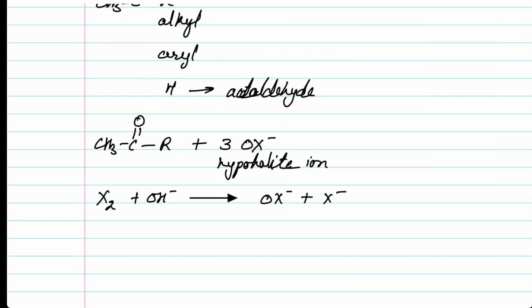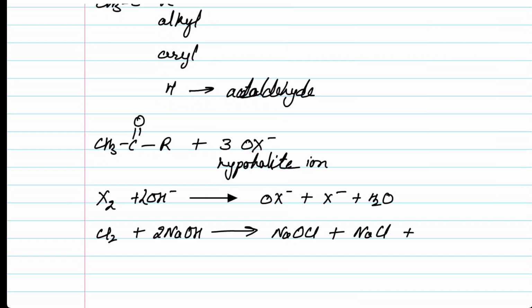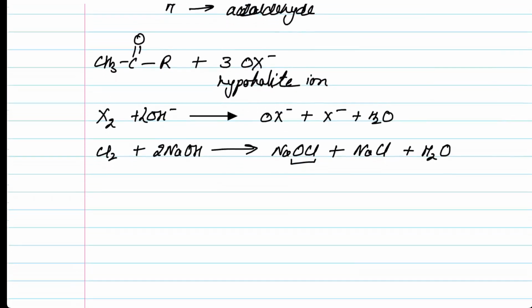For example, we could have Cl2 reacting with 2NaOH, which gives us NaOCl plus NaCl plus H2O. So this is what we have as a disproportionation reaction. This hypohalite ion is what takes part in the reaction.